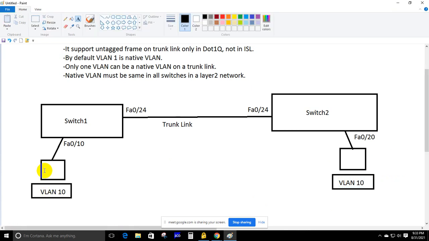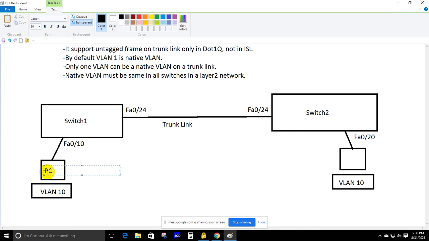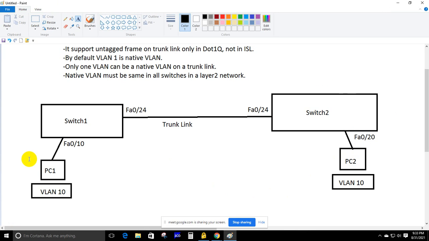It is PC1 and it is PC2. Now when PC1 sends a frame to PC2, the switch receives that frame from PC1 on FastEthernet 0/10.